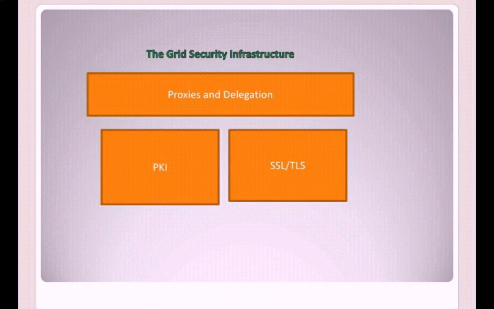Here is the outline of grid security infrastructure diagram. The important three components are PKI, SSL or TLS protocols, proxies and delegation. PKI, you know very clearly about PKI, that is public key infrastructure.